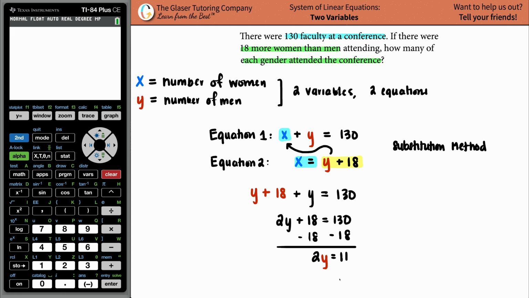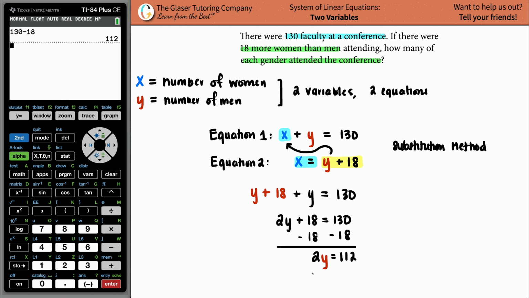No. 112. Right? Am I just going crazy here? What's 18 plus 112? This is a 0. This is a 2. That's a 30. That looks good to me. We could always just double check, but it's always good to keep the brain a little sharp. 130 minus 18 is 112.